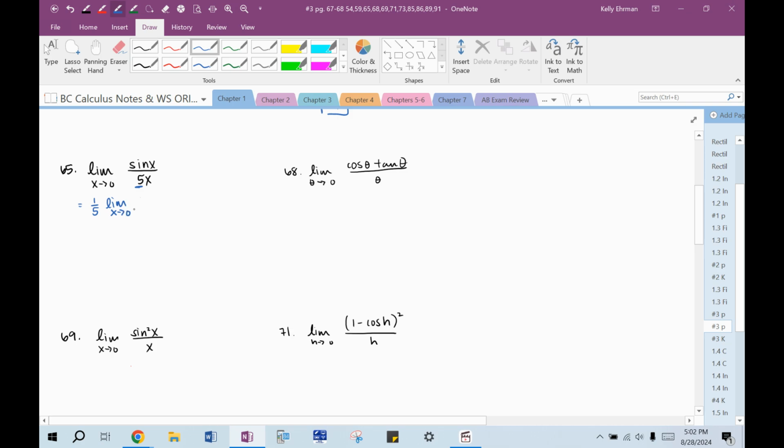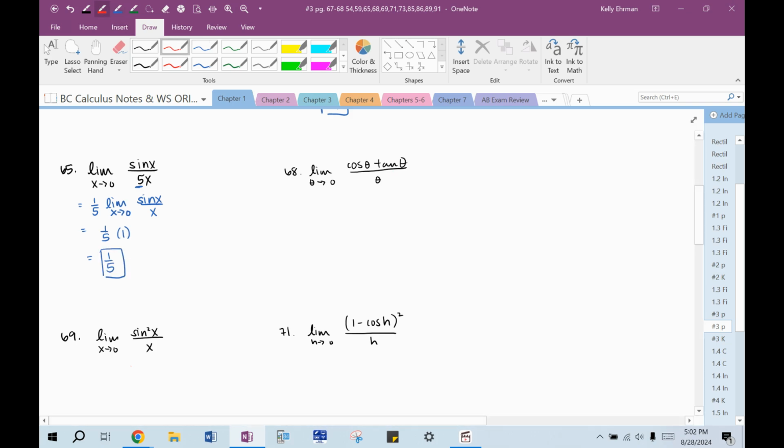So 1/5 times the limit as x approaches 0 of sine x over x. So these two things are equivalent. You're allowed to pull constants out in front of the limit. So I can take the limit of this expression, which is equal to 1, and then I can multiply it by 1/5. So 1/5 is my solution for that problem.